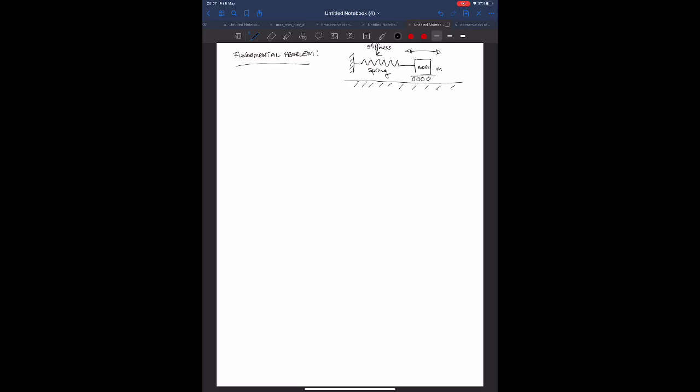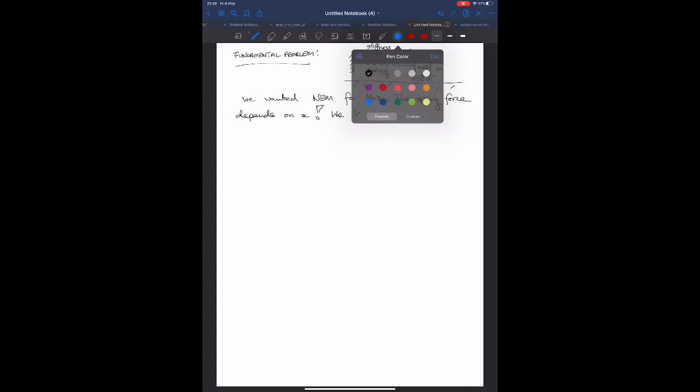All right, so what did we want to know? We wanted Newton's equation of motion for this. The spring force, or the restoring force, depends on x, so we need to find x. What is x? Well, x is this.